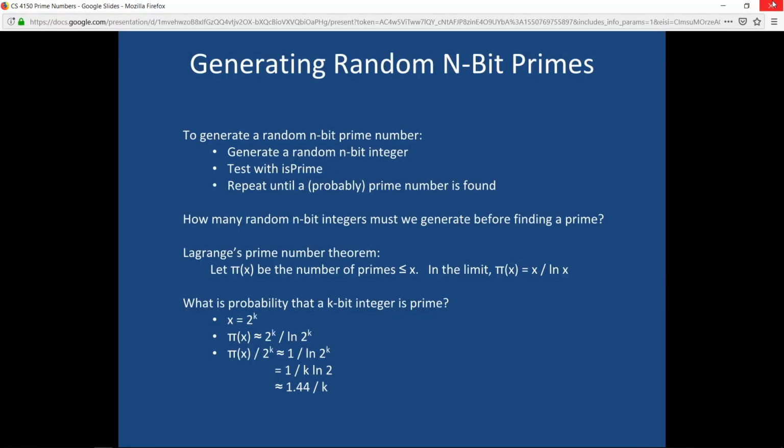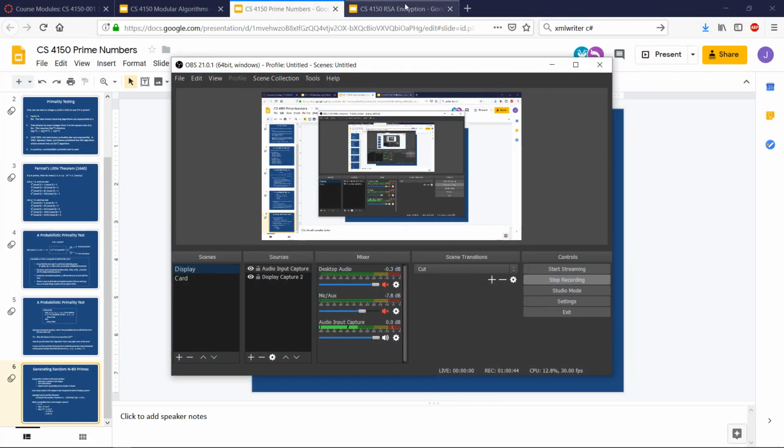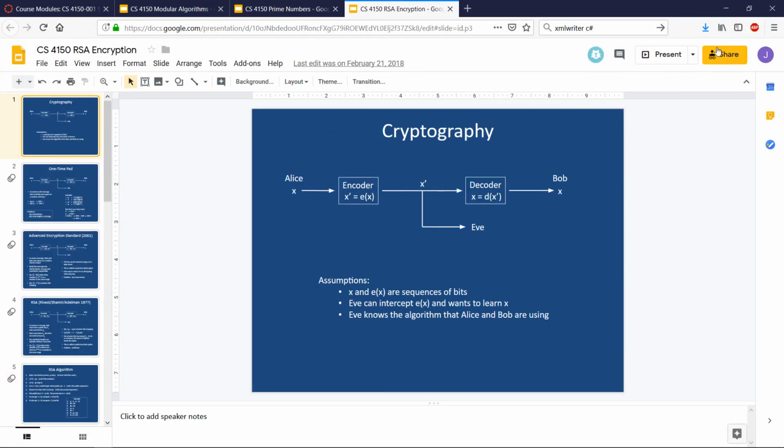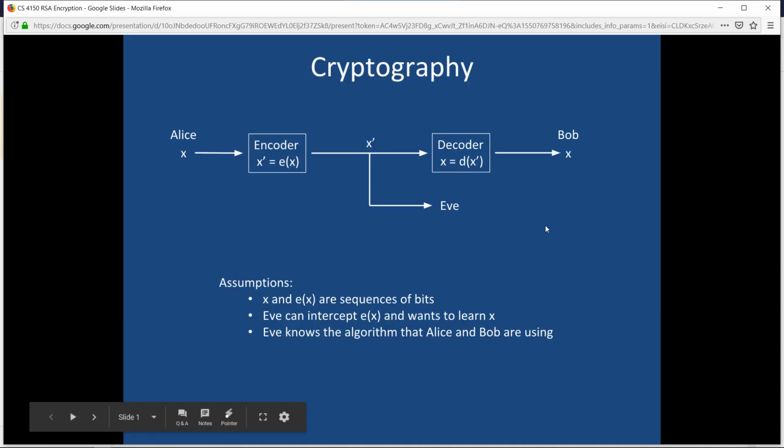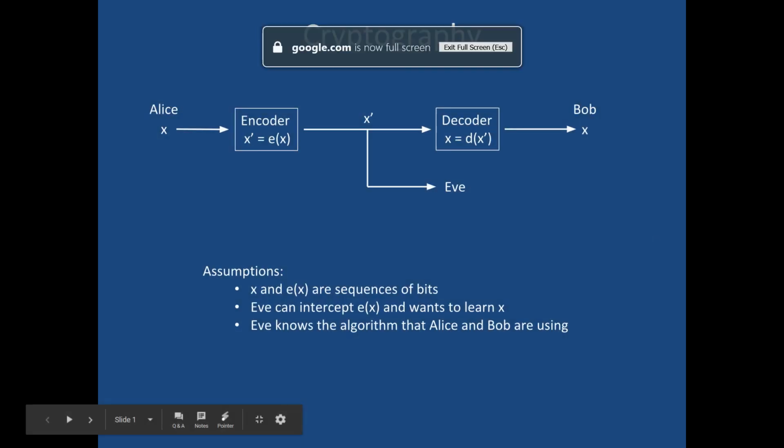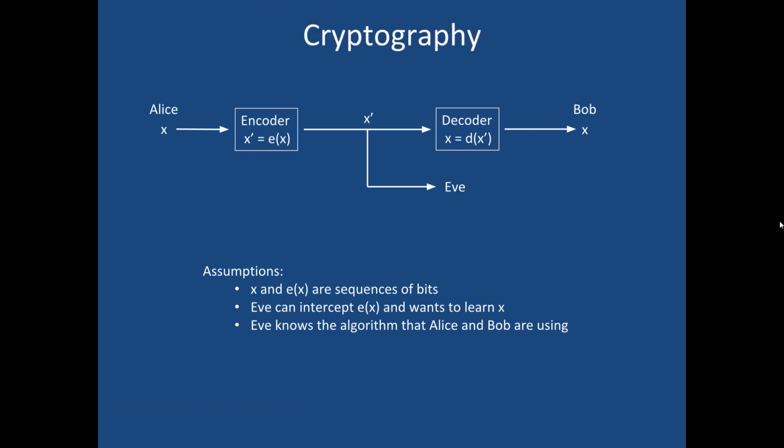So let's do RSA. Let me set up the stage here. We're going to talk about cryptography. We're going to have Alice trying to communicate with Bob. Alice has a message X that she wants to send to Bob.